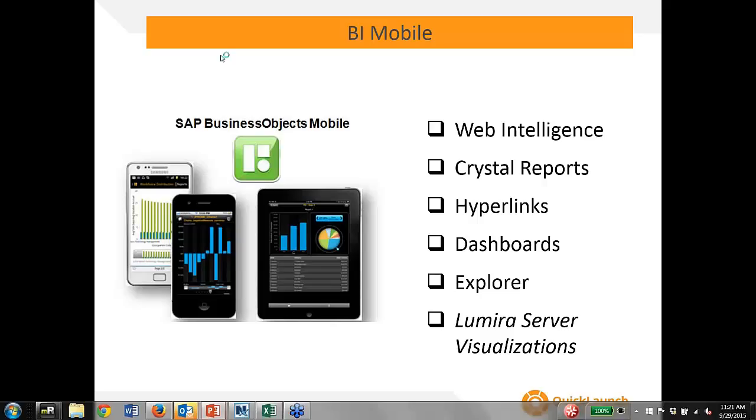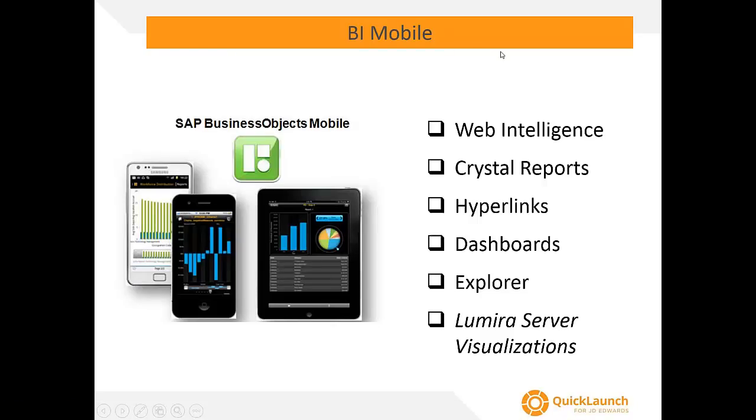All right, so BI Mobile. What used to be in prior versions a fully separate installation and download is now all packaged into the platform. Is that right? Correct, in 4.1.